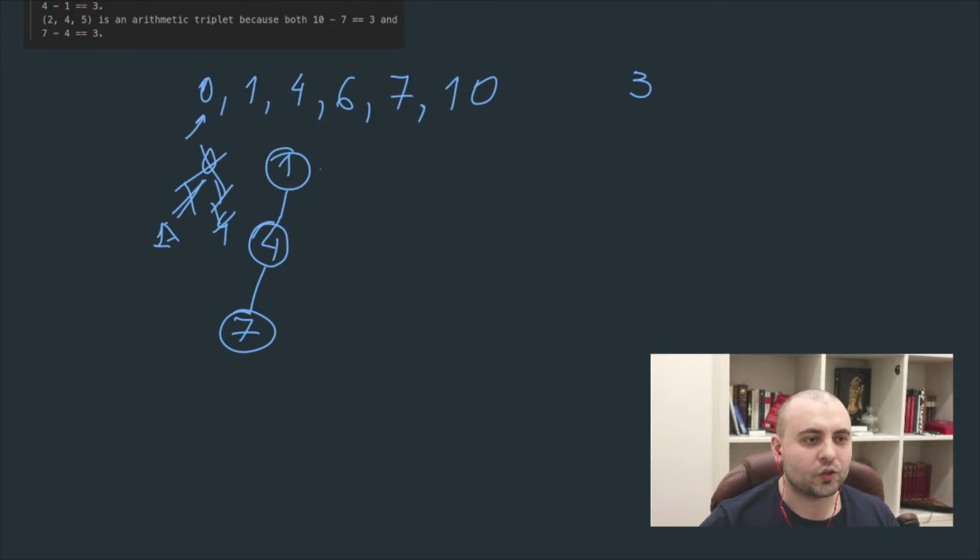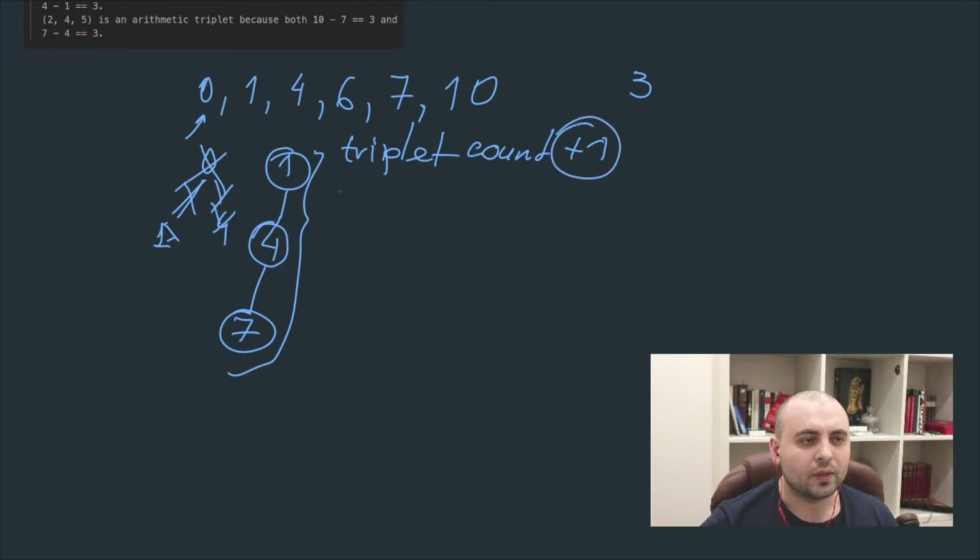So we've got a triplet. This means we can increment our triplet count by 1. So we start the triplet count at 0 and we increment it to 1.